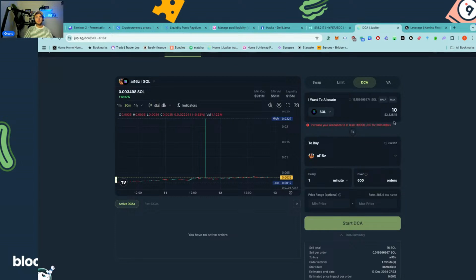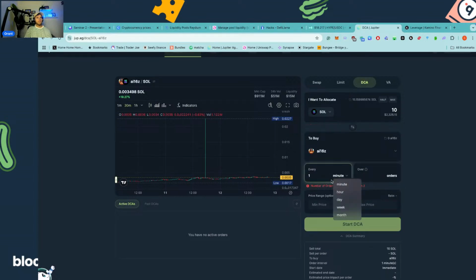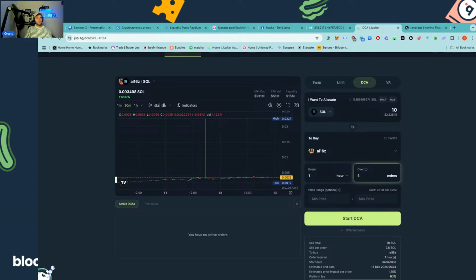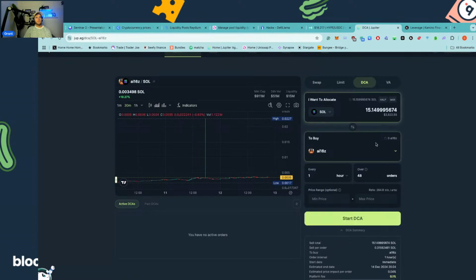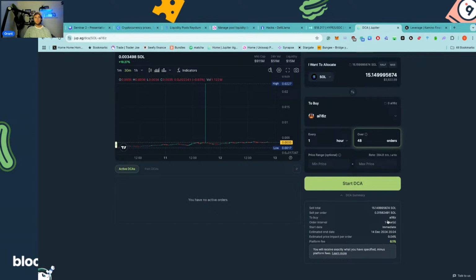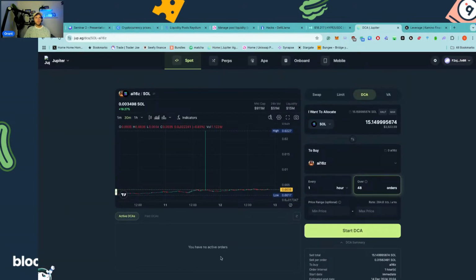They do have a minimum order for such high throughput, but let's say I want to do it every hour for 48 hours. So you need a minimum. Yeah, so there is a minimum cost per DCA order, but that'll just go through. It'll populate here. You can keep track of it. You can cancel at any time. Really good feature. Highly recommend it.